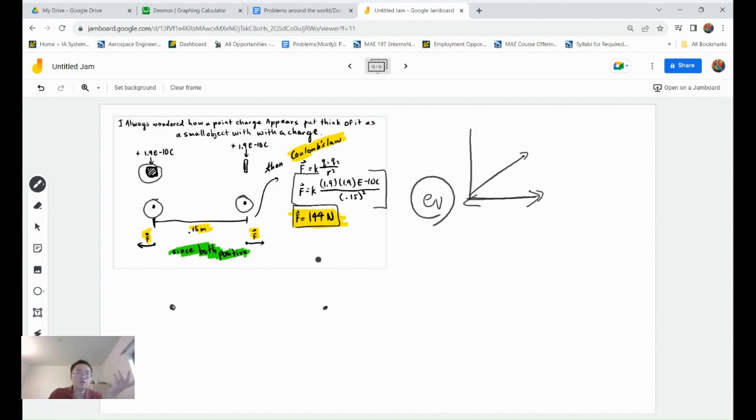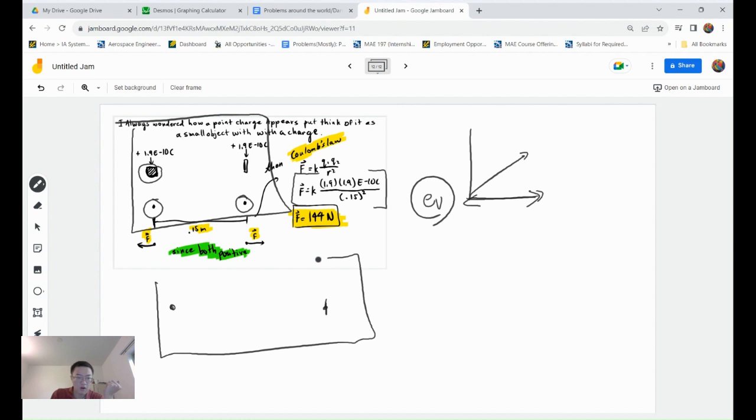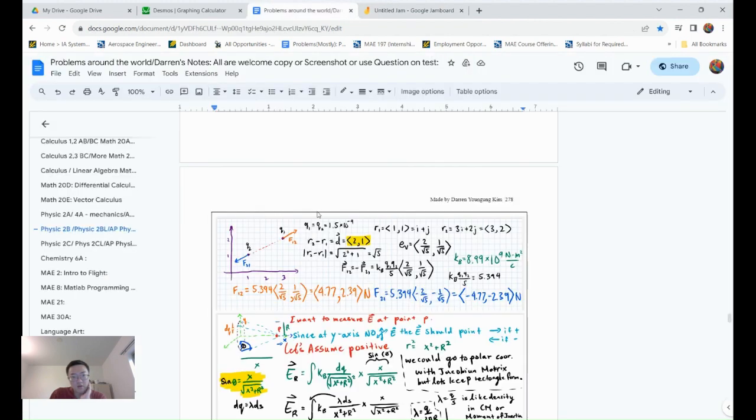You see these two objects. Imagine them in the empty void of space, and they're so small and so far away from each other that you can consider them point charges. That's pretty much the best explanation I can think of.